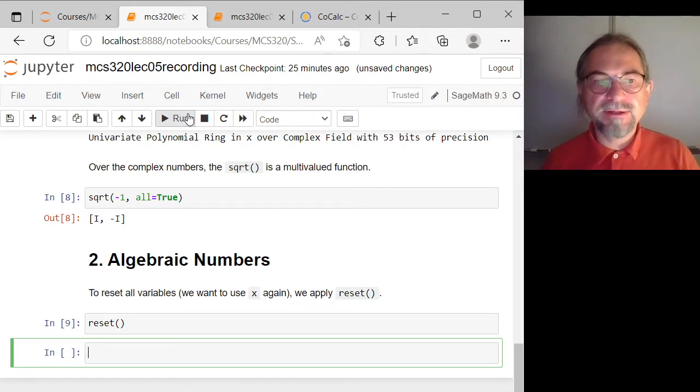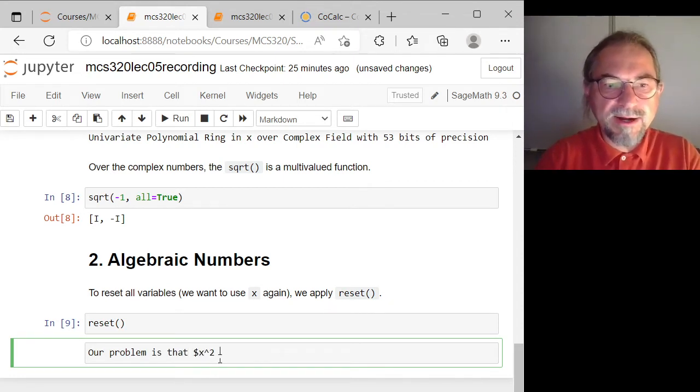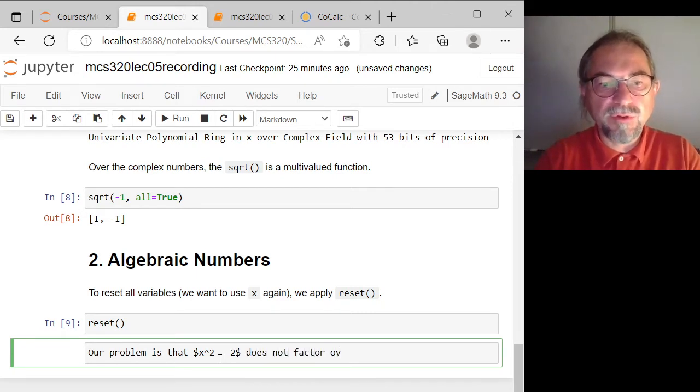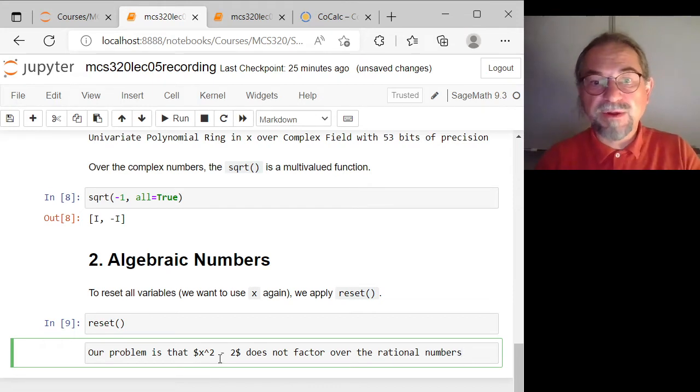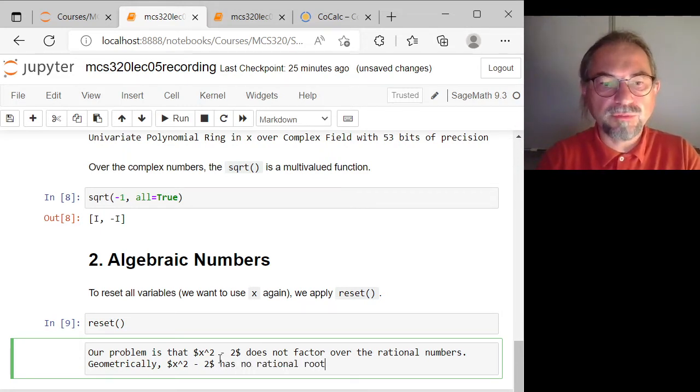So I'm going to define now, so what was the problem? So I showed it on the slides. So our problem is that x squared minus 2 does not factor over the rational numbers. So that's one algebraic way of saying it. Geometrically, x squared minus 2 has no rational roots.